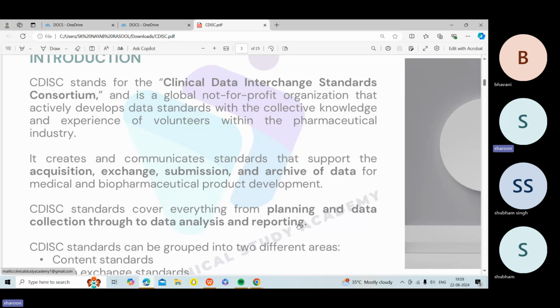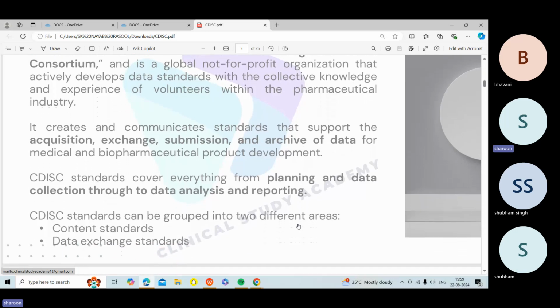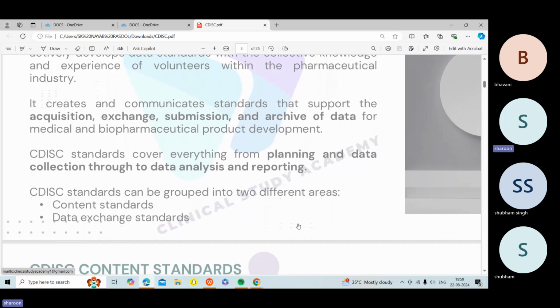It creates and communicates standards that support the acquisition, exchange, submission, and archive of data for medical and biopharmaceutical product development. CDISC standards cover everything from planning and data collection through to data analysis and reporting. CDISC standards can be grouped into two different areas: content standards and data exchange standards.